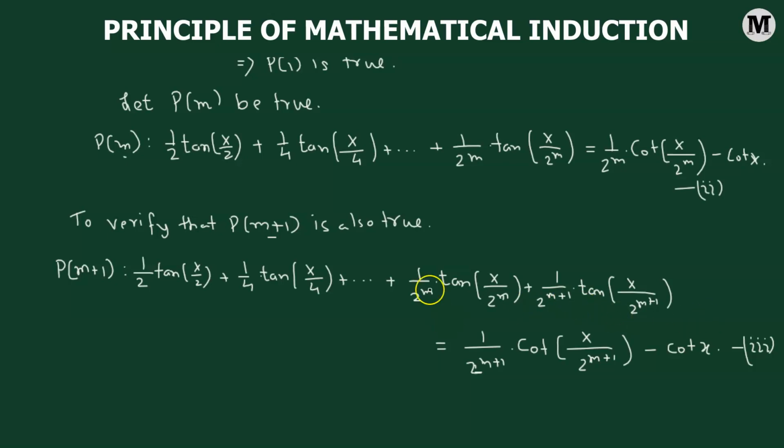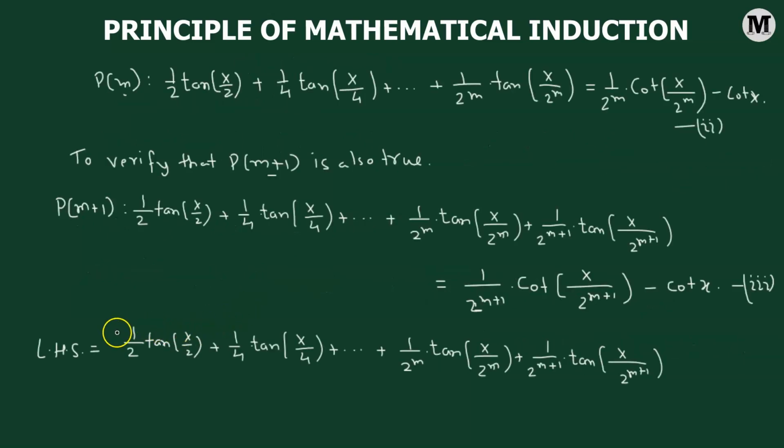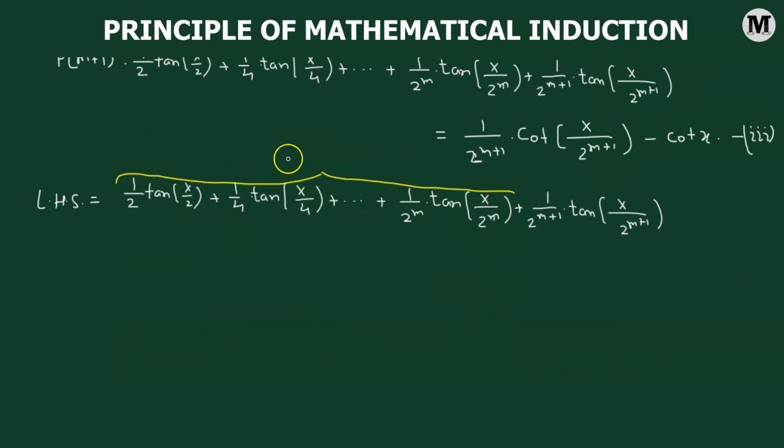So let's take the left hand side of P of m plus 1. Now in the left hand side, we'll consider the first term added all the way up to the second last term, and we can replace that with the right hand side of statement number 2, because we have already considered statement number 2 to be a correct statement. So that means on the left hand side, we have 1 over 2 raised to the power of m multiplied to cotangent of x over 2 raised to the power of m minus cotangent of x.